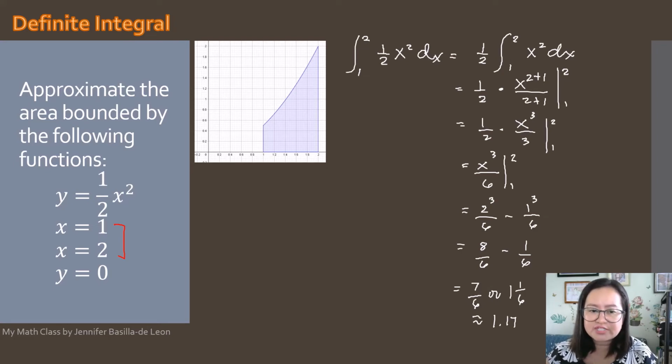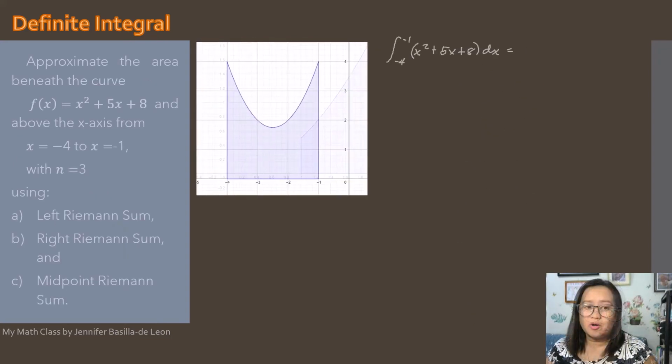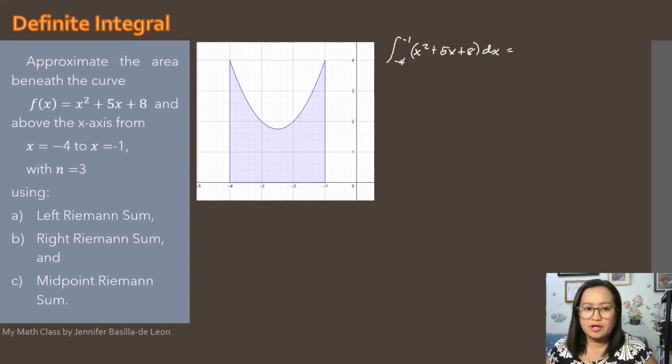Now let's have another example. Also apply the concept of the definite integral in approximating the area beneath the curve f of x equals x squared plus 5x plus 8 and above the x-axis from x equals negative 4 to x equals negative 1. So we write the expression in this way: definite integral of x squared plus 5x plus 8 at the closed interval from negative 4 to negative 1.